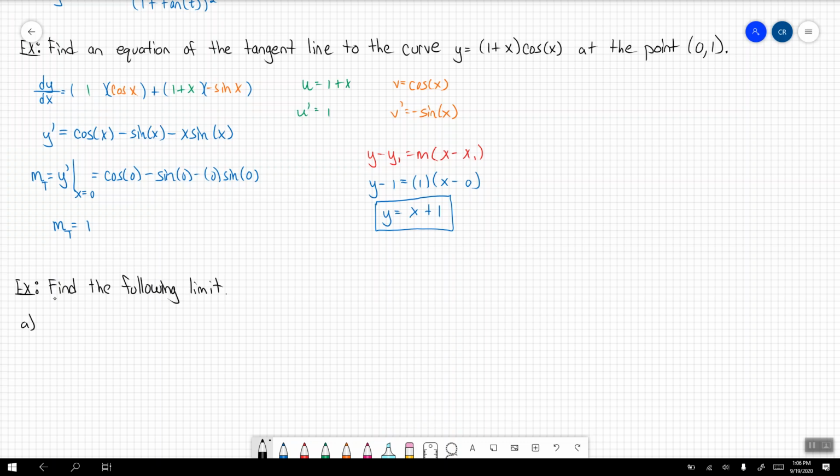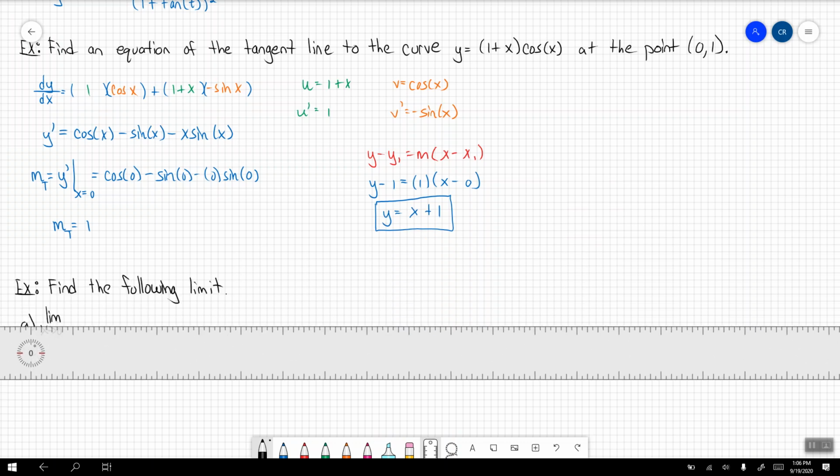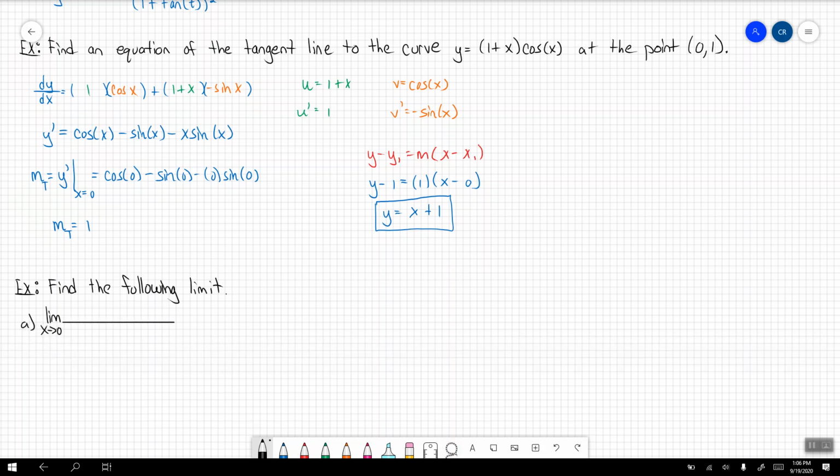Part A, we're going to be working with the limit as x is approaching 0 of sine of 3x times sine of 5x, all divided by x squared.